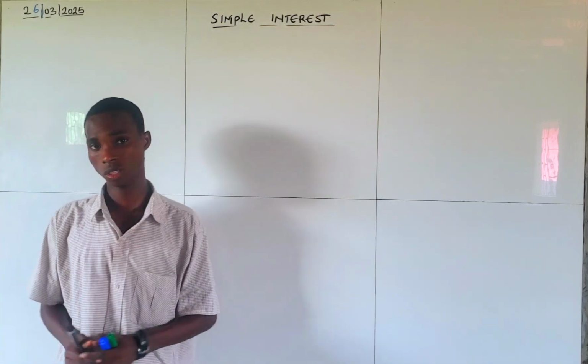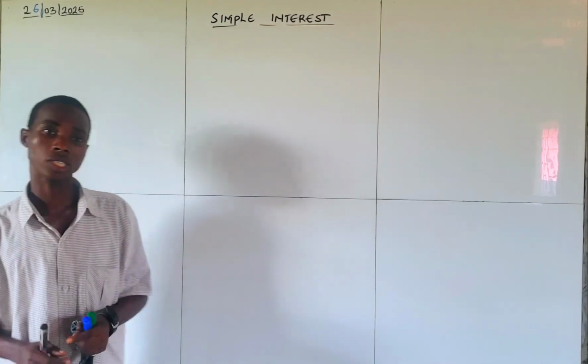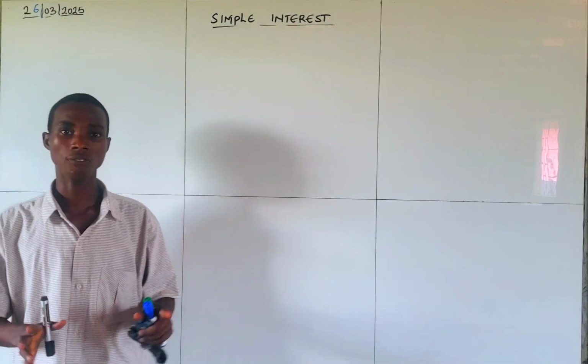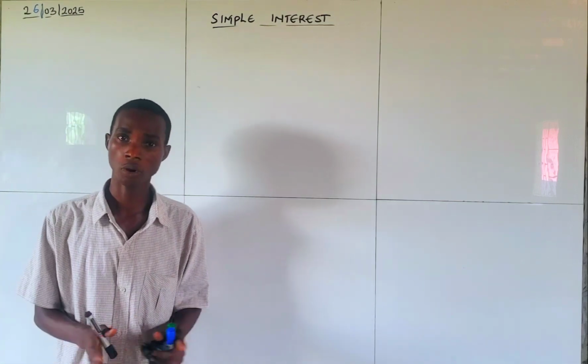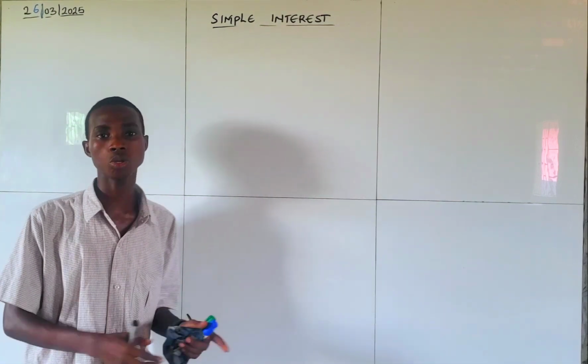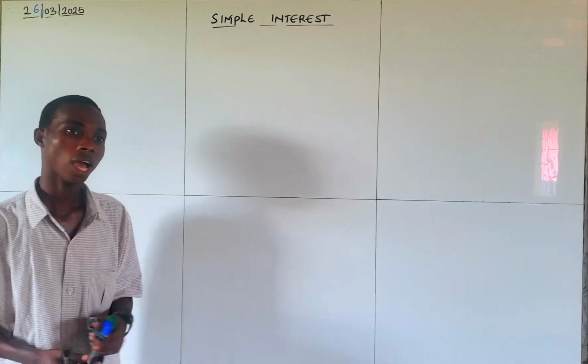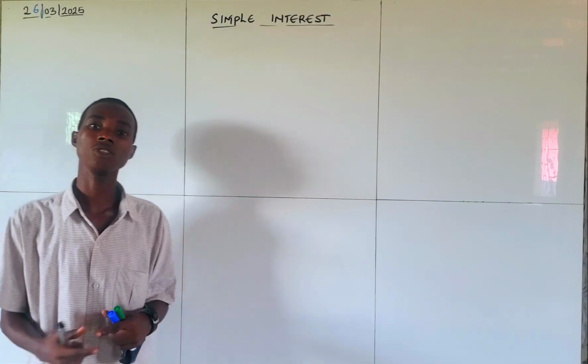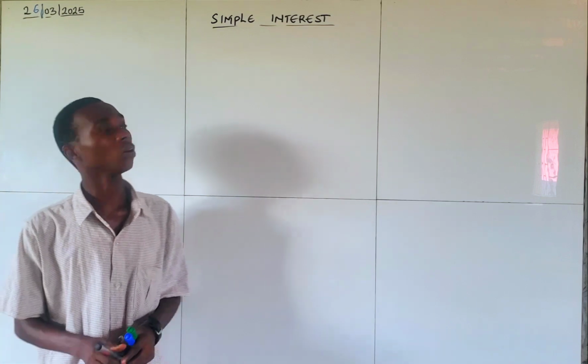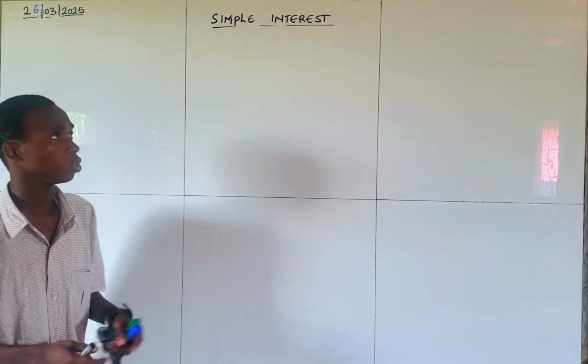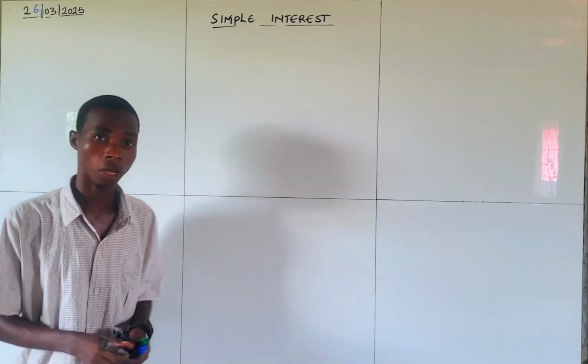Now let's move over to simple interest. Simple interest is a kind of money. It's talking about the money that is being borrowed or money that is being paid, and then at the end of the day they are giving you a particular interest. If we want to solve for simple interest, we need to consider the following formula.